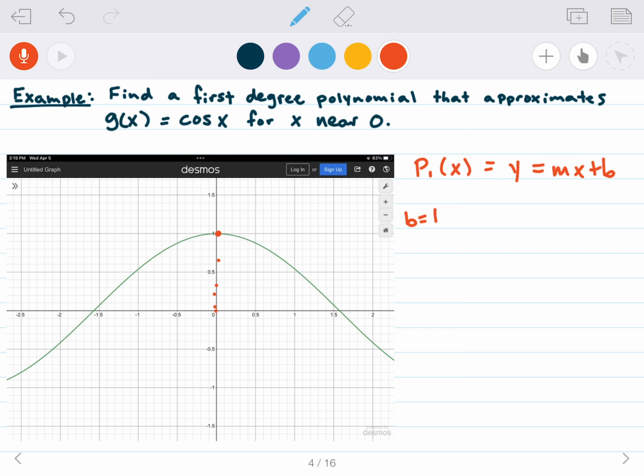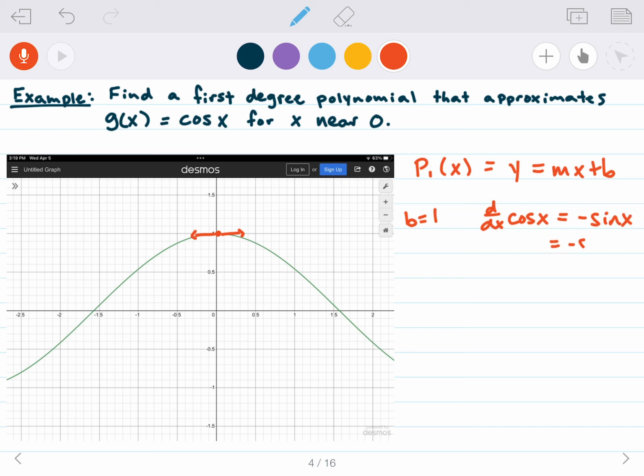And what is the slope of this tangent line? Well, the slope is definitely 0. We can see it on the picture. We can also consider the derivative at the point 0. So the derivative of cosine of x is simply negative sine of x.